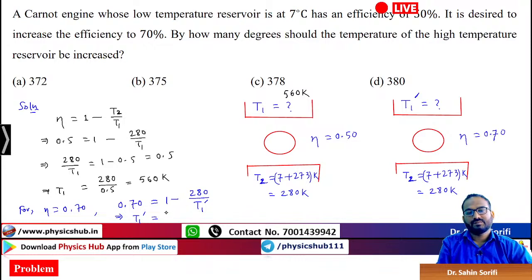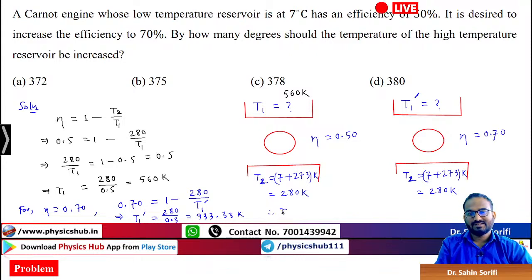So T1 prime is 280 by 0.3. So it's 3 by 10 times of 280. So this will give you around 933.33 Kelvin.